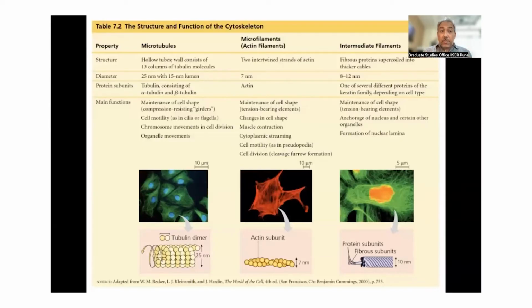The things that are common here, obviously, is that they're both made up of individual subunits. Actin is made up of actin monomers, that are assembled into the actin strand. Microtubule is made up of alpha and beta tubulin that are assembled in a very distinct architecture.